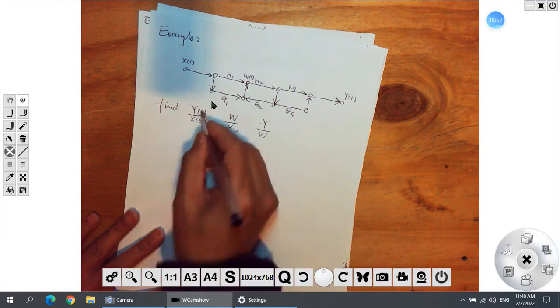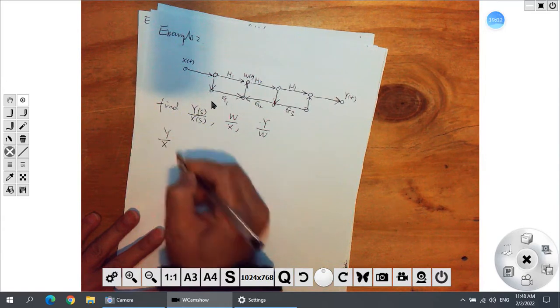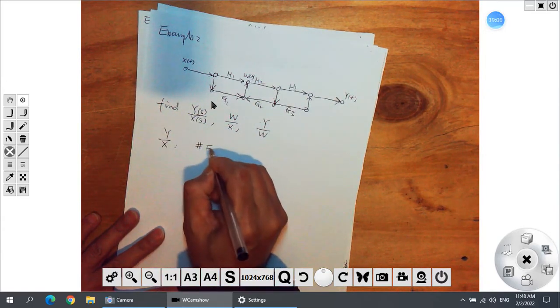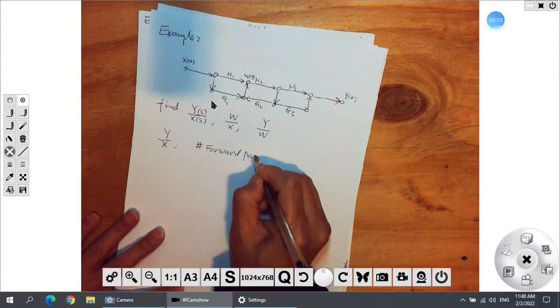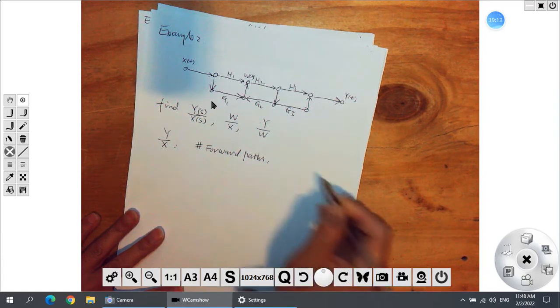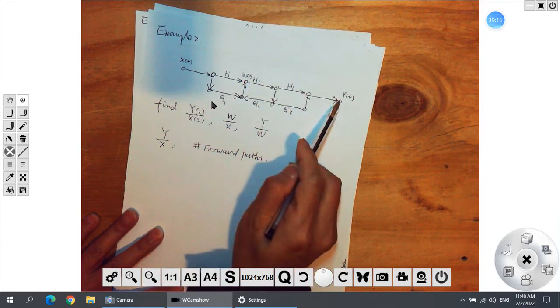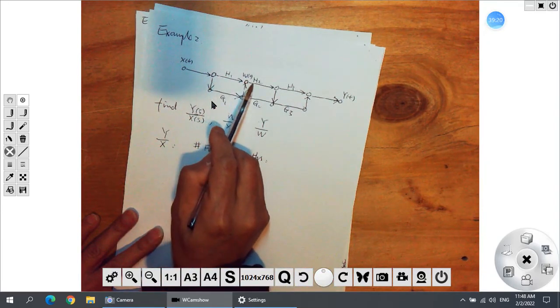The first one, from X to Y, the forward paths. The straight ahead is the first one, right? The second one is here, going down and then to there.